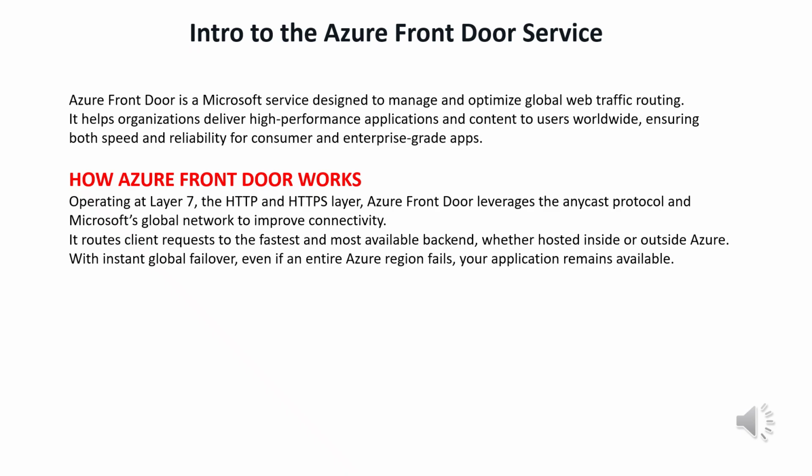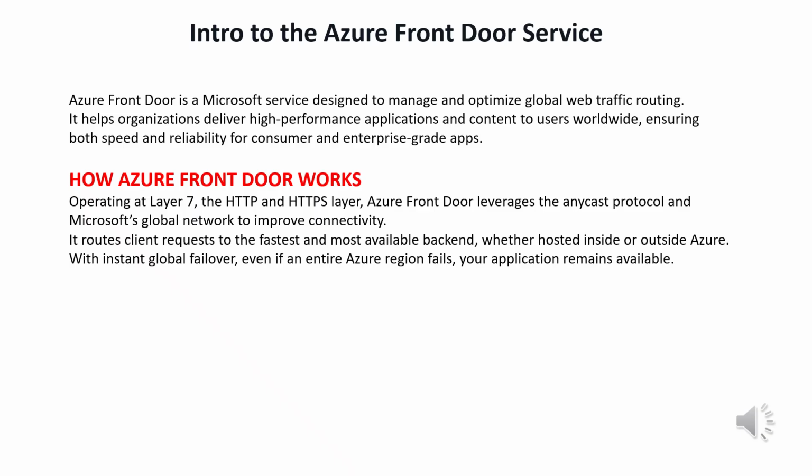Azure Front Door is a Microsoft service designed to manage and optimize global web traffic routing. It helps organizations deliver high-performance applications and content to users worldwide, ensuring both speed and reliability for consumer and enterprise-grade apps.